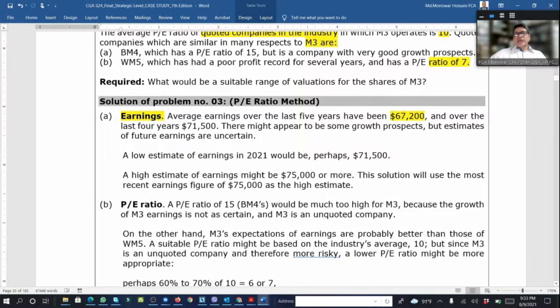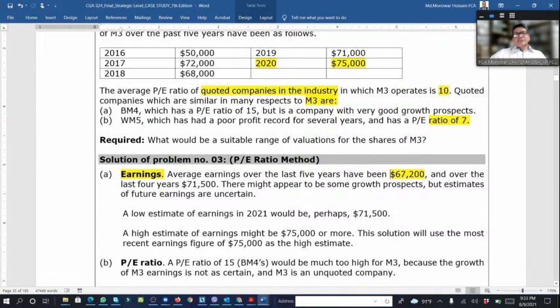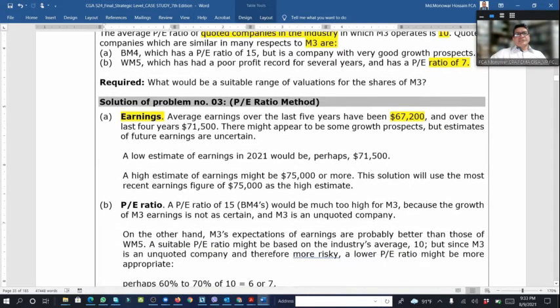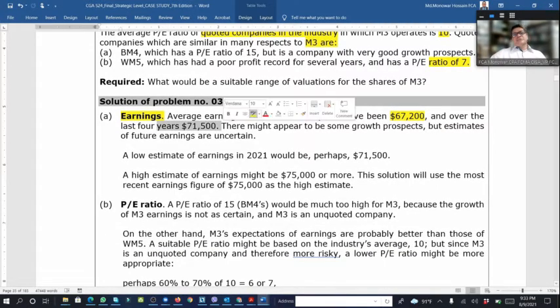67,200. And over the last 4 years, that means 20, 19, 18, 17, the average is 17,500. There might appear to be some growth in respect.